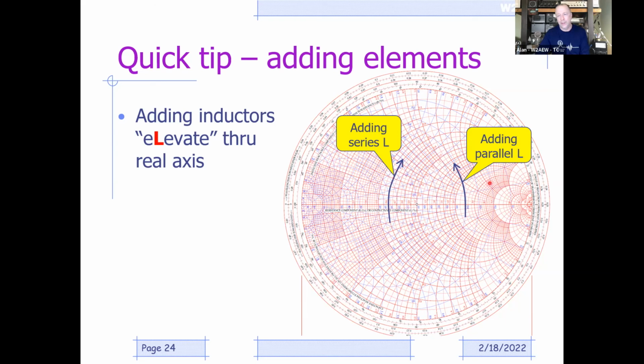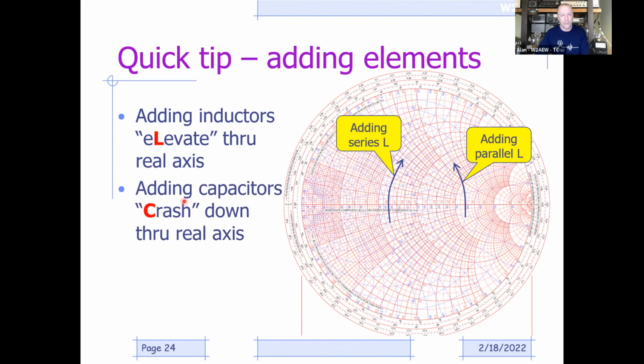Okay. And then we're adding a parallel inductance. We're again elevating through on the constant conductance circles. And even more corny, when we're adding capacitors, we see crashing down through the center axis. So a series capacitor is going along the constant resistance circles. A parallel capacitor is going along the constant conductance circles.